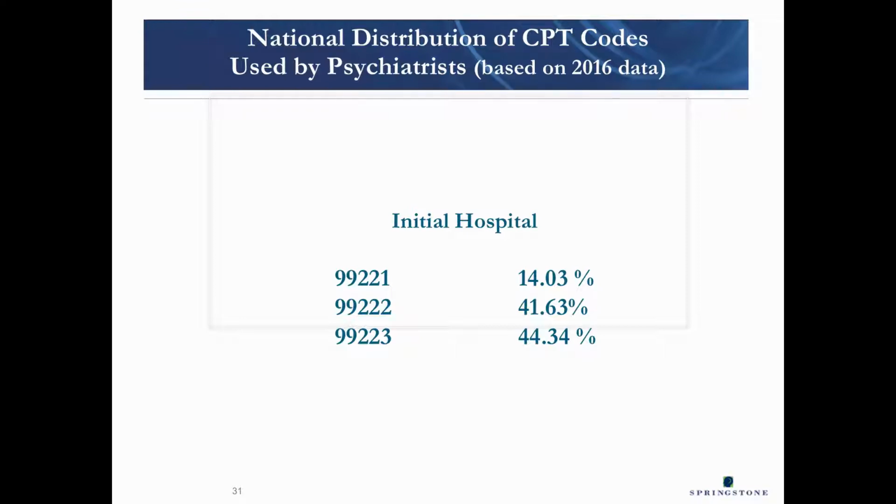Now, why do I show you this? Because one of the reasons that you may get audited is because your distribution is significantly outside of the norm. And that's why I want to show you what the norm is for your peers across the country.